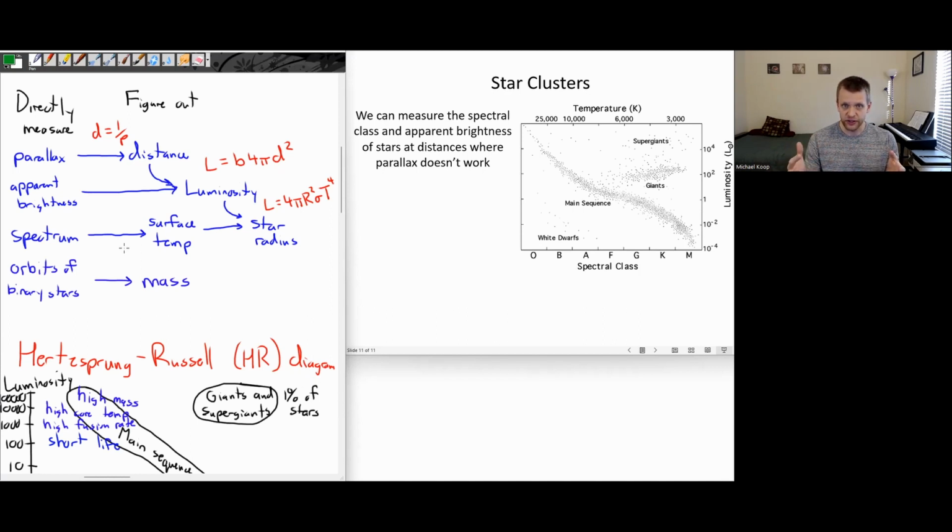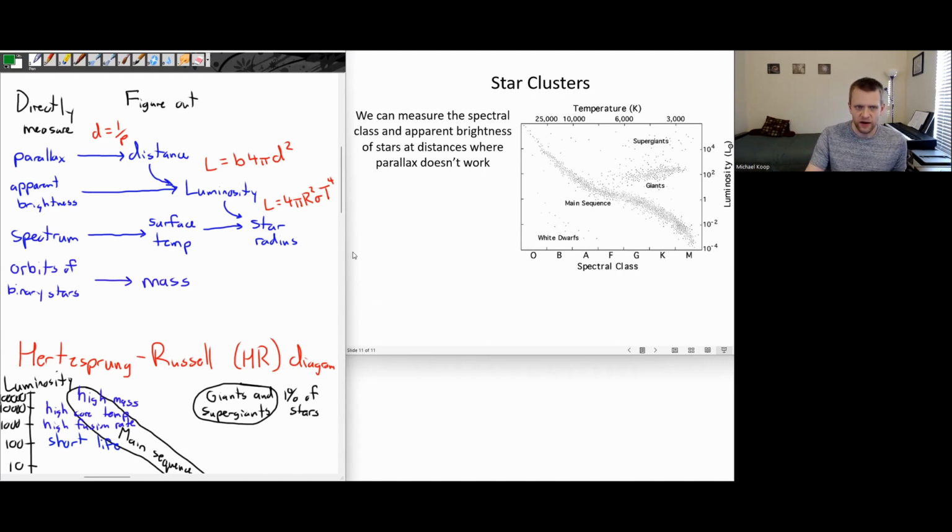That Gaia mission, the European Space Agency Gaia mission, has made the most accurate parallax measurements so far. But even those don't really work out past a distance of around 20,000 light years. We can get a little bit further in some cases, but that's approximately the limit. So what if we want to measure the distances to things that are further away than 20,000 light years?